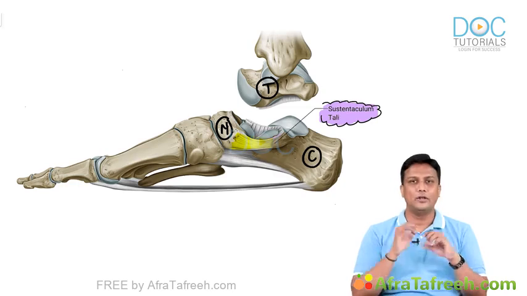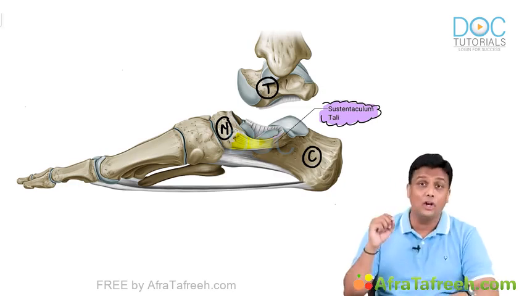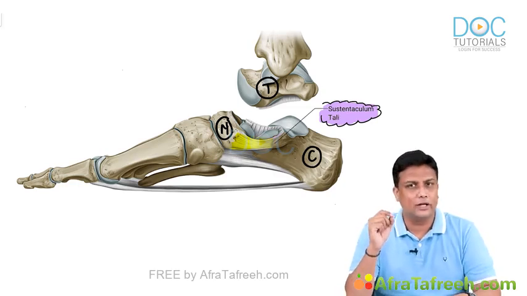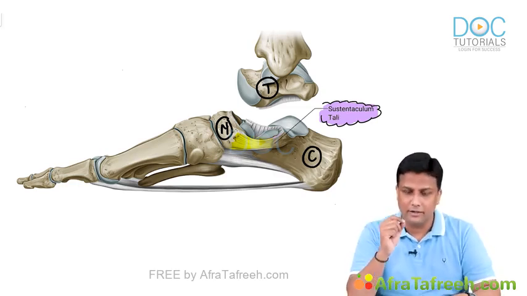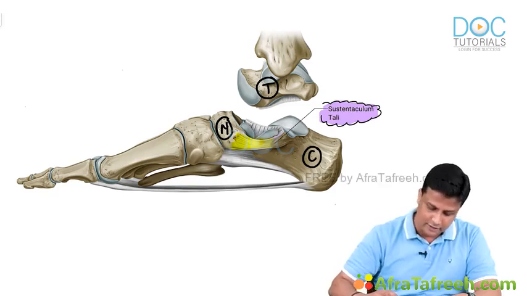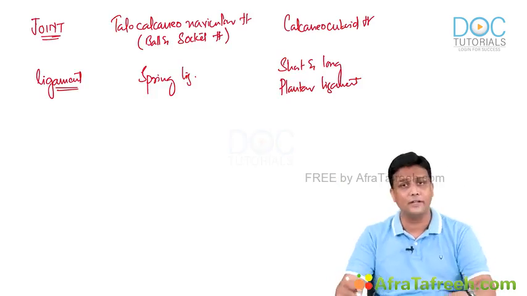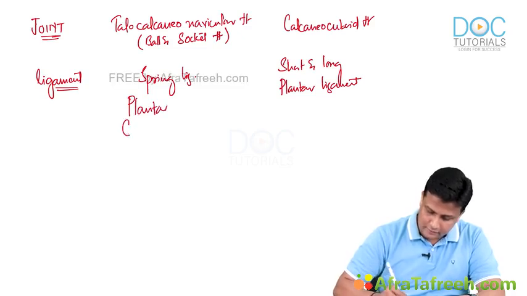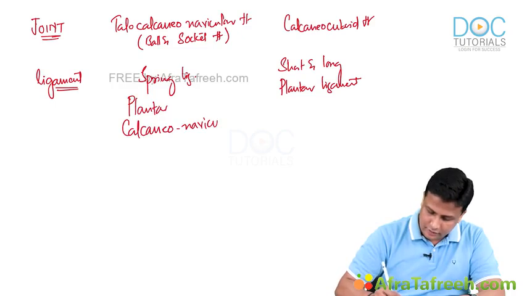And that is the ligament which is supporting your medial longitudinal arch. So the ligament which is supporting the medial longitudinal arch will be the spring ligament. And spring ligament, another name of that ligament is calcaneo-navicular. It is between the calcaneus and navicular. So spring ligament is also referred to as plantar calcaneo-navicular ligament.